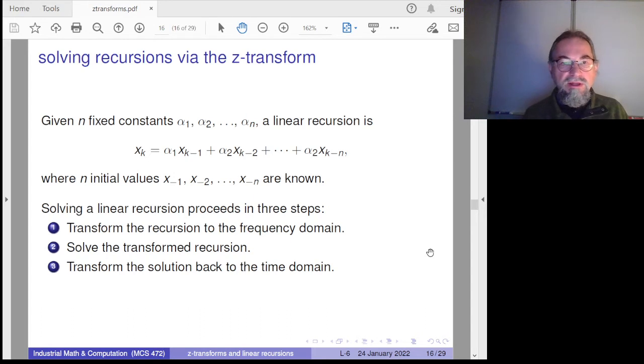Here we consider a linear recursion as a linear combination of the previous n states. So the next state is determined by a weighted combination of the previous n states.